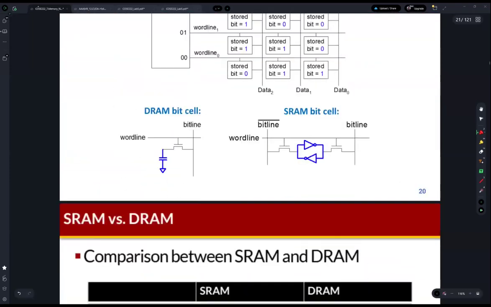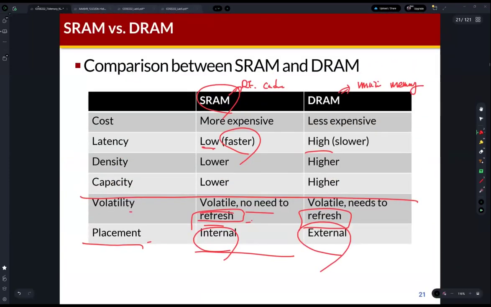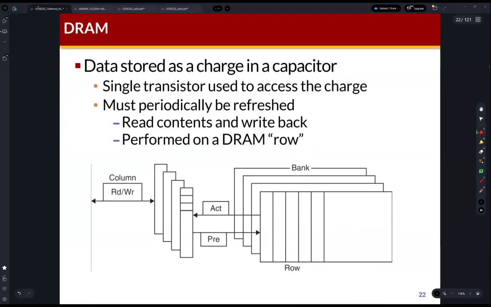Okay. So this is the basic knowledge on the memory devices. And then actually the DRAM. So DRAM is a kind of a very complex system.